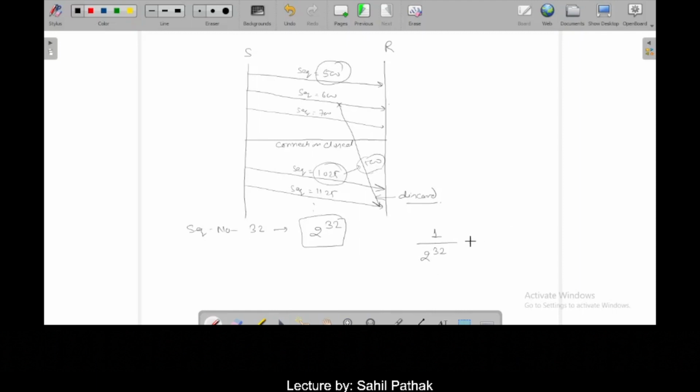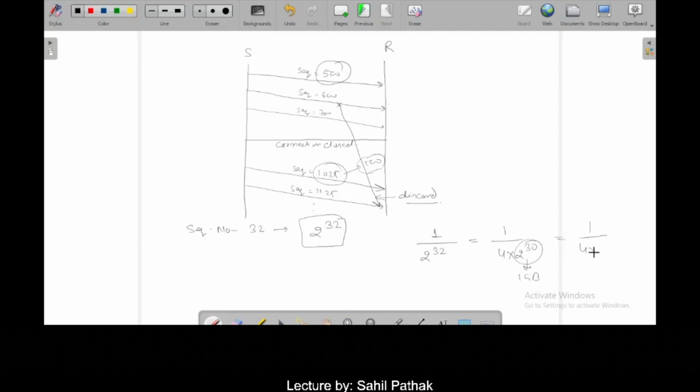This is approximately 1 divided by 4 into 2 raised to power 30, and 2 raised to power 30 is 1 GB, that is nothing but 10 raised to power 9.